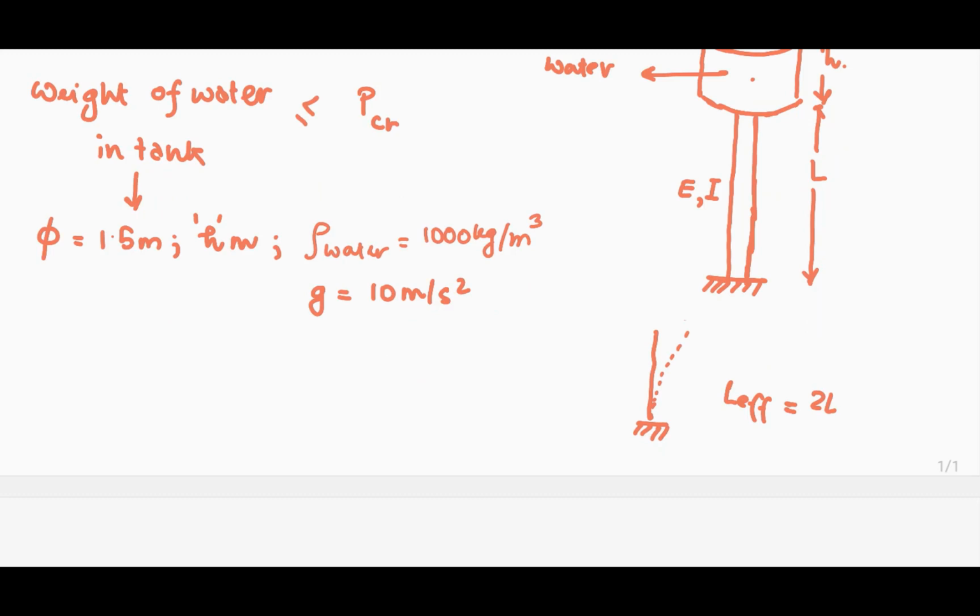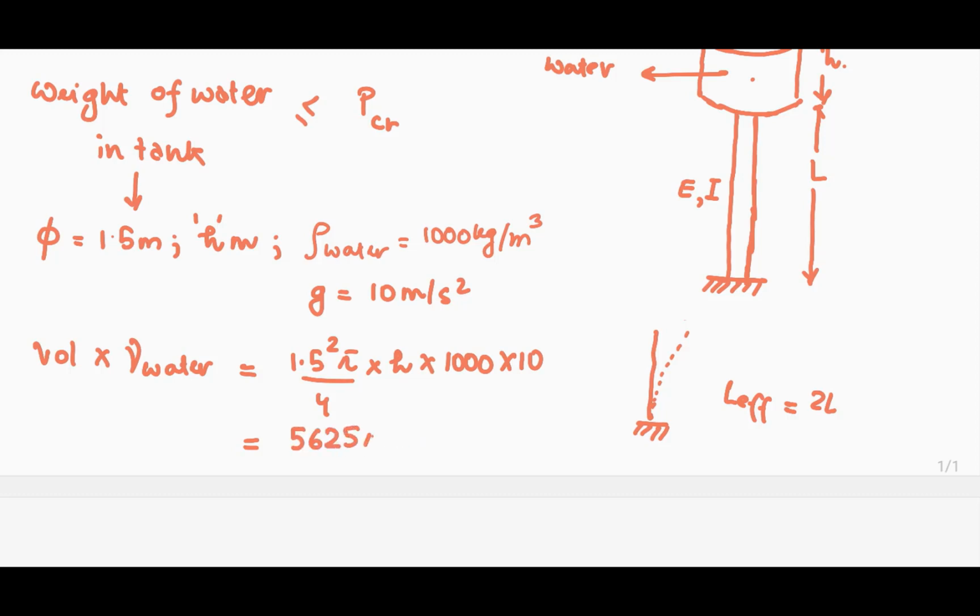Hence, weight of the water column is nothing but volume into the unit weight, which is 1.5 square into pi by 4, which is the area, into the height into the unit weight, and this would give us the weight of the column in newtons, which would come out to be 5625 pi h newtons.